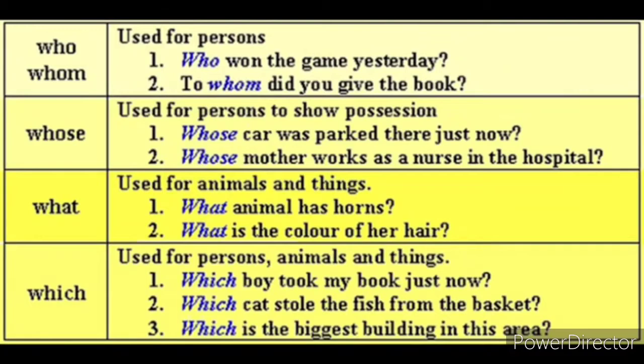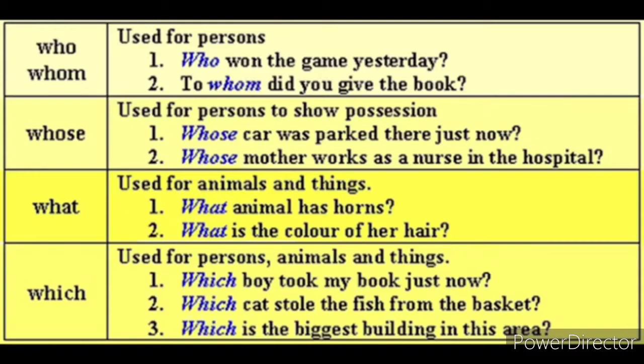As I told you, interrogative pronouns are used to ask questions. Look at the picture here, usage of who and whom. See the first one, who won the game yesterday? And for whom, to whom did you give the book? The interrogative pronouns who and whom are used to mention a person.